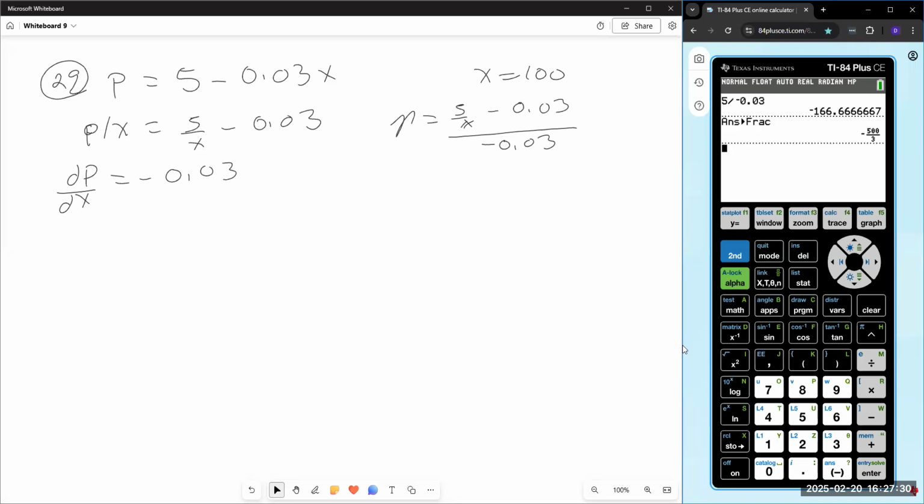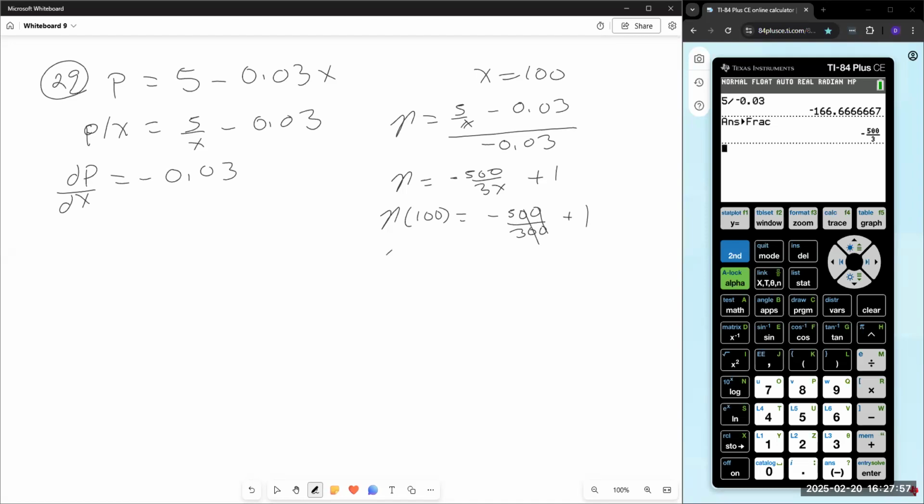It's a fraction: -500/3. Okay, so eta is equal to -500/3x plus 1. And eta of 100 is negative 500 over 300 plus 1.